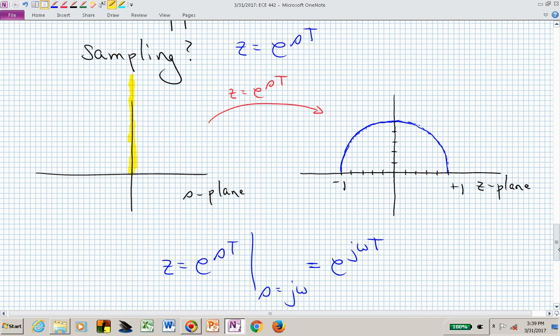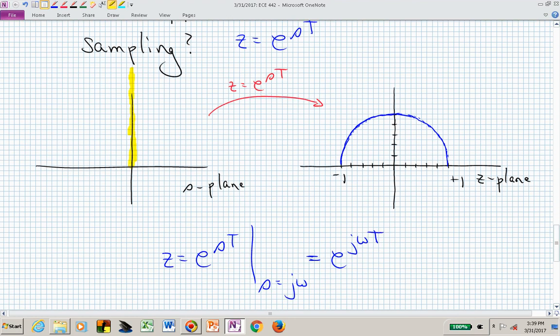And we can now look at that. If we replace s with j omega, then we are looking at e to the j omega T, and one could look at the magnitude of that expression.